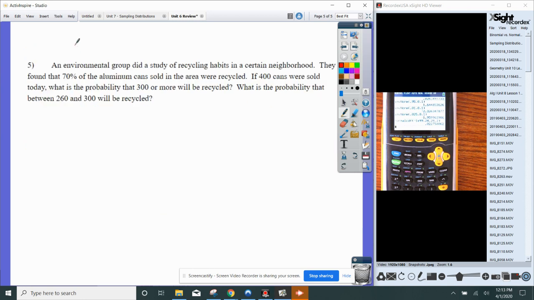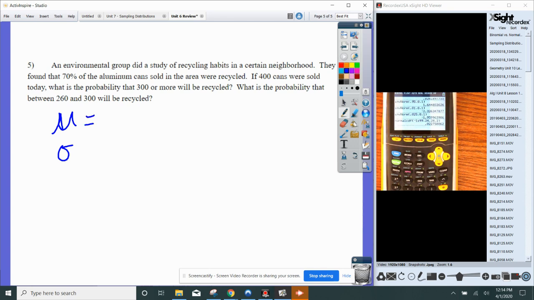All right, number 5. An environmental group did a study of recycling habits of a certain neighborhood. They found that 70% of the aluminum cans sold in the area were recycled. If 400 cans were sold today, what is the probability that 300 or more will be recycled? What is the probability that between 260 and 300 will be recycled? So it doesn't give us the mu, and it doesn't give us the sigma, but we can calculate this.